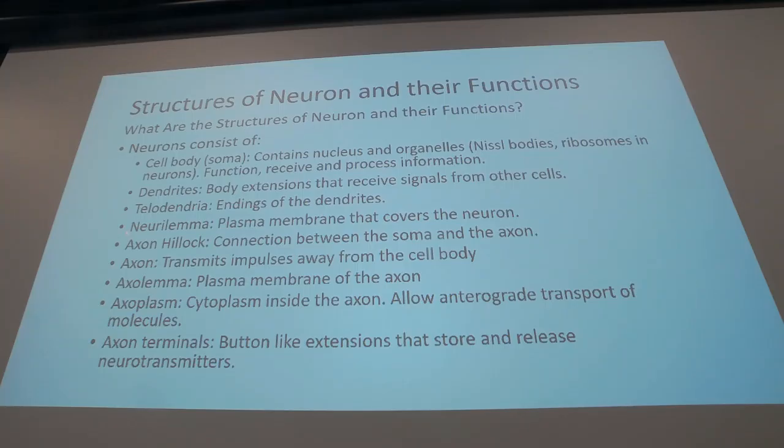And then the axon hillock is the connection between the body or soma and the long extension from the neuron that's called the axon. It's like a little neck between the soma and the axon. This is where you summate or add the stimuli for the action potential to happen.